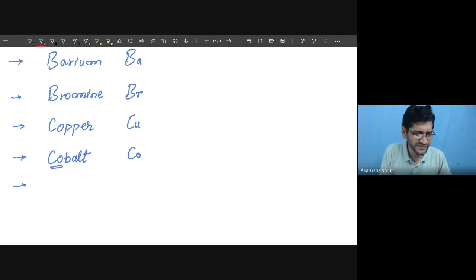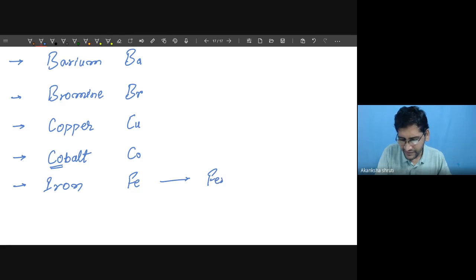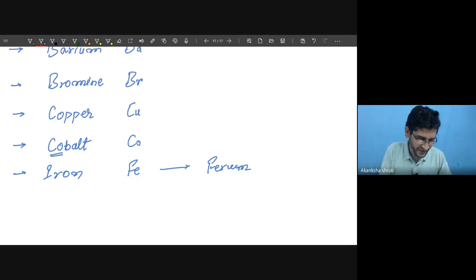Then we have to keep in mind iron. Iron is denoted by F and E, and their Latin name we need to keep in mind. It is our ferrum. Based on their Latin name, iron is Fe.